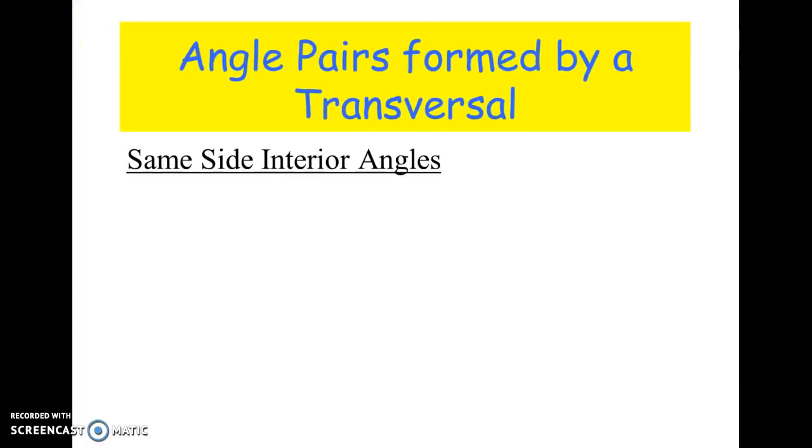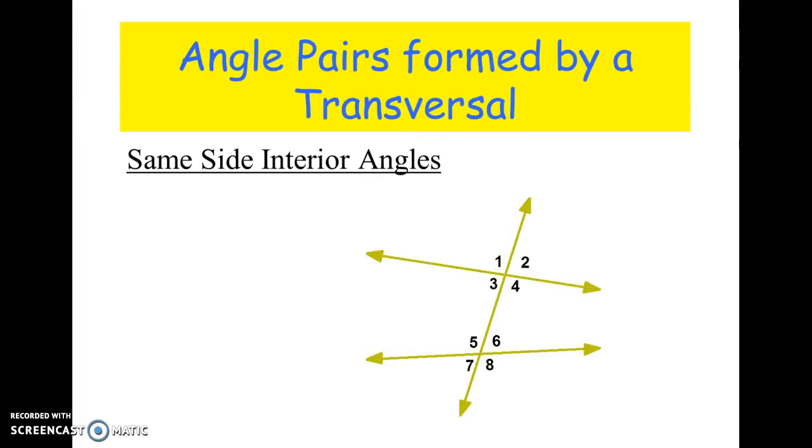Next one, same side interior angles. So I see the word interior, so that means that I'm going to be talking about this region. So I'm going to be talking about 3 and 4, 5 and 6, or 3 and 5, 4 and 6, some kind of combination on the inside of the two lines. So it says same side, and the reason why we say same side is because the two angles have to be on the same side as the transversal.